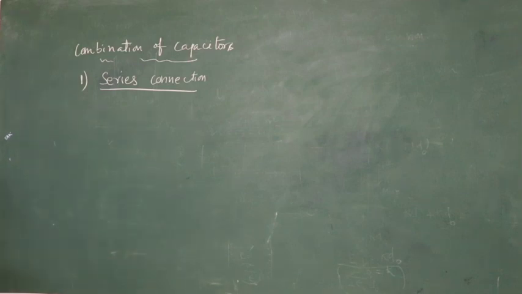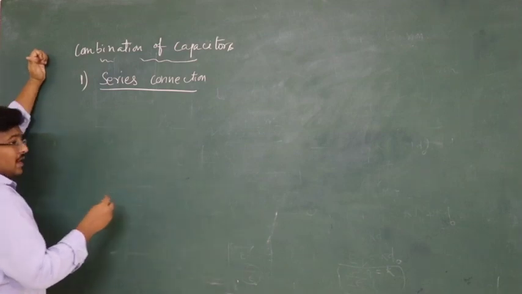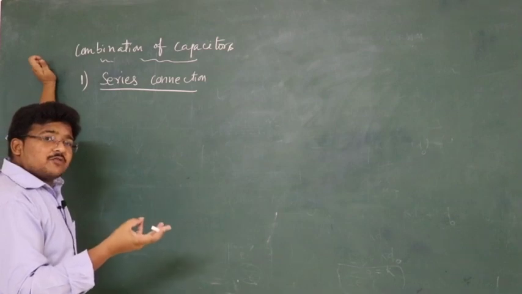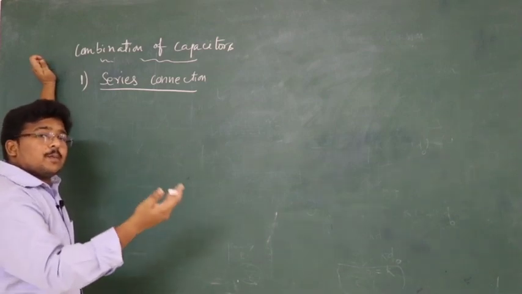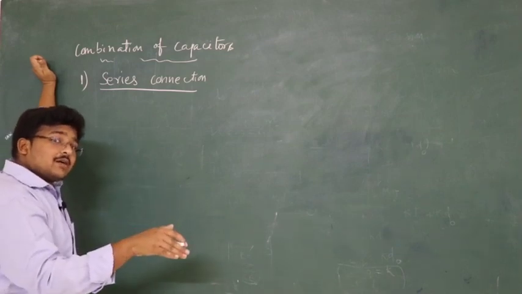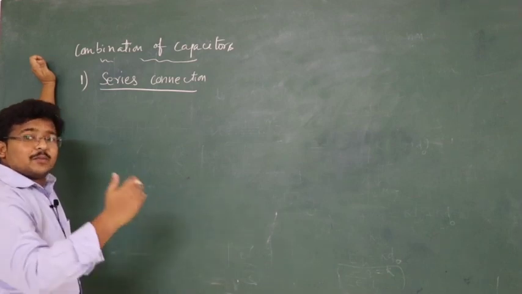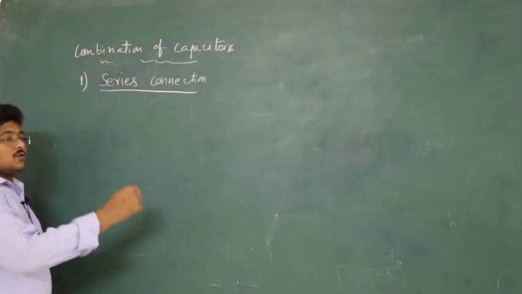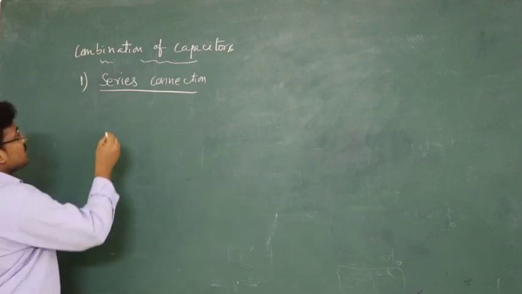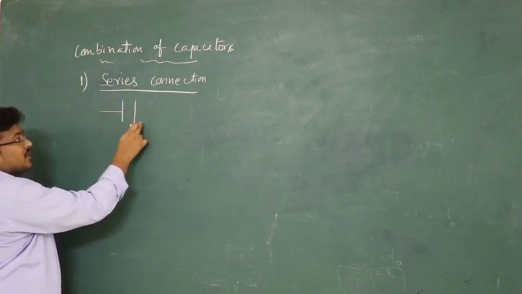I am taking some capacitors C1, C2, C3, and sir, how are they said to be connected in series? The negative plate of the first, this is called the positive plate, this is the negative plate.